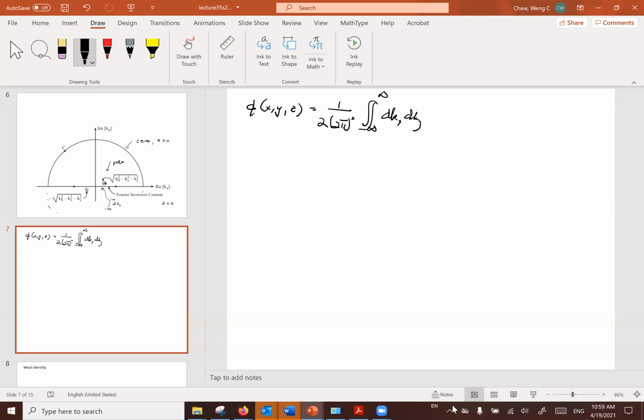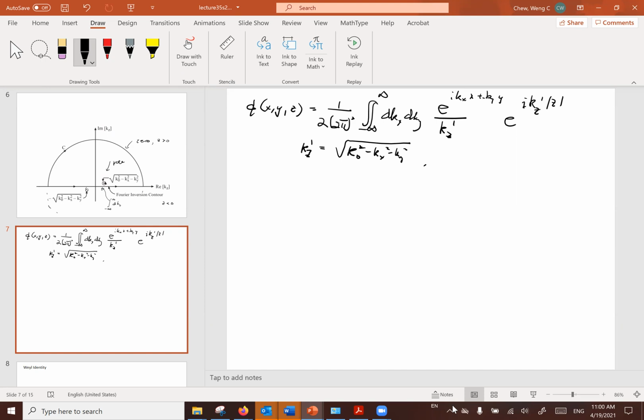And finally, we are left with this, kx x plus ky y over, and you pick up a pole residue, and that turns out to be kz prime, and then you will have to multiply by kz prime z, where kz prime is not free anymore. kz prime has to be such that it is equal to k0 squared minus kx squared minus ky squared, which means that I have a new relationship now.